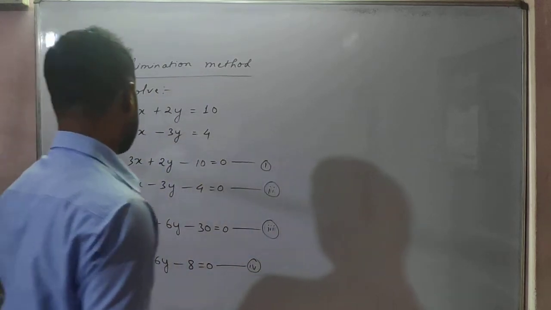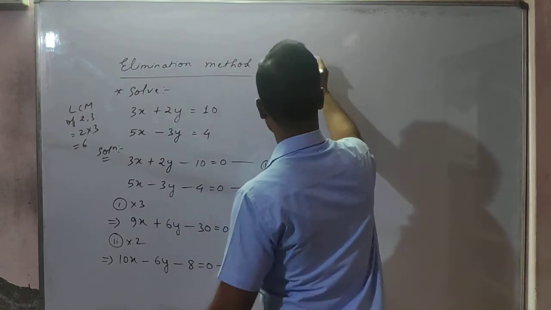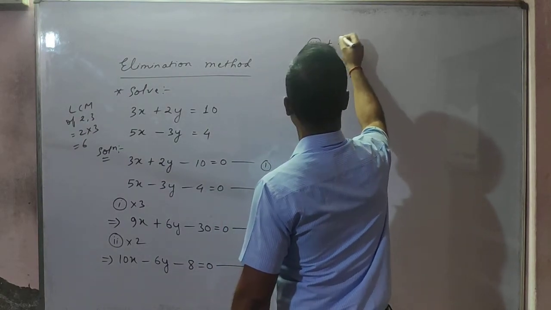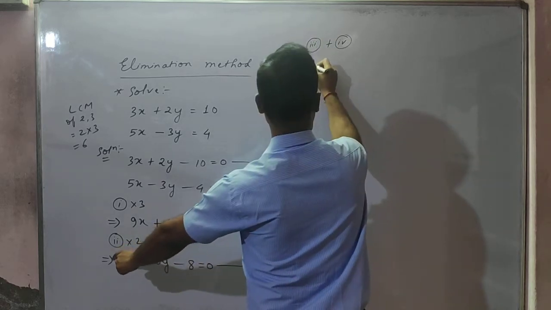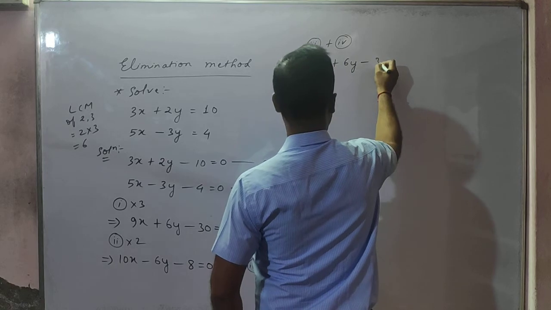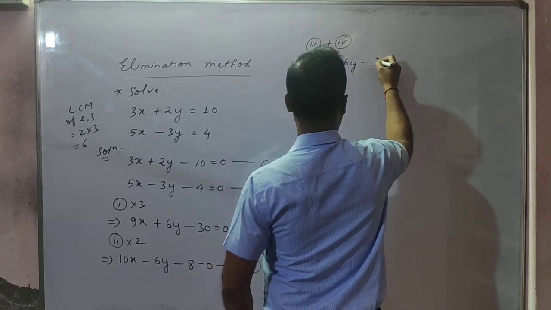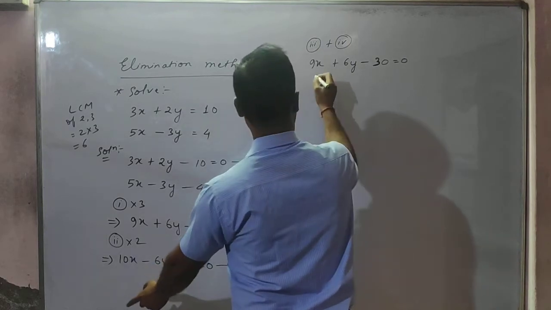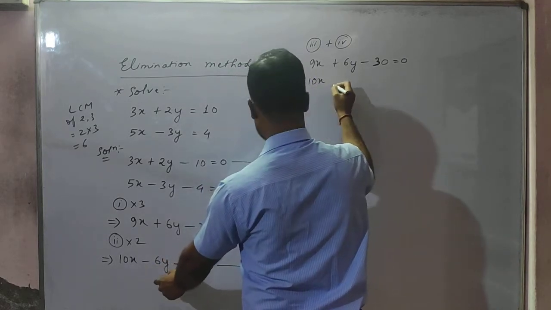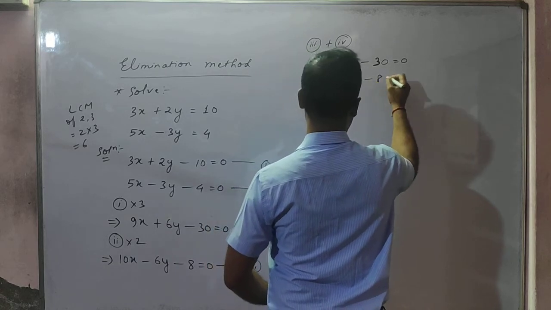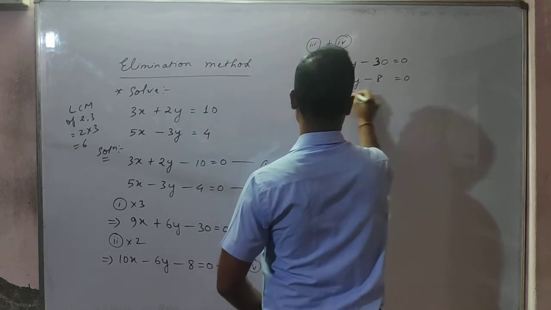Now you see, students, now you see, 3 plus 4 we will do. So 9x plus 6y minus 30 is equal to 0, and 10x minus 6y minus 8 is equal to 0.